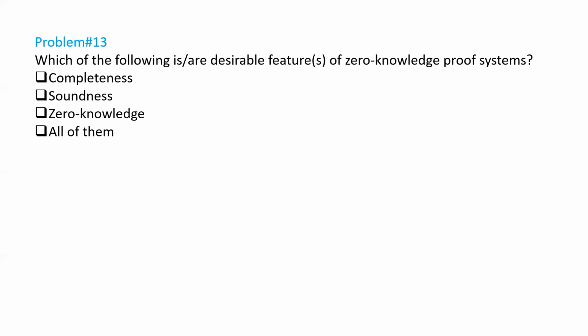And the zero knowledge property comes into play where the prover is honest but the verifier is corrupted. We want to ensure that the verifier does not get any information leaked from the prover side about the secret information that the prover has. That is the zero knowledge property. So all of them are correct, basically.